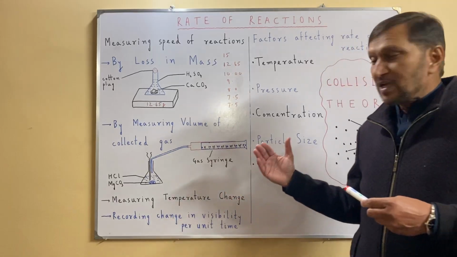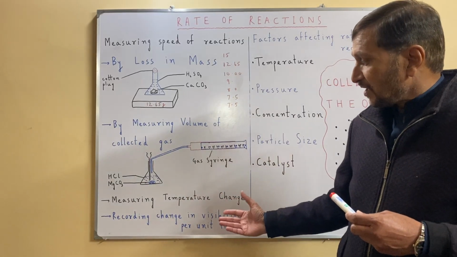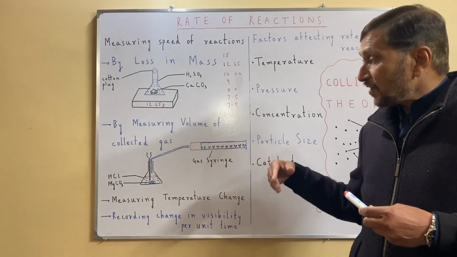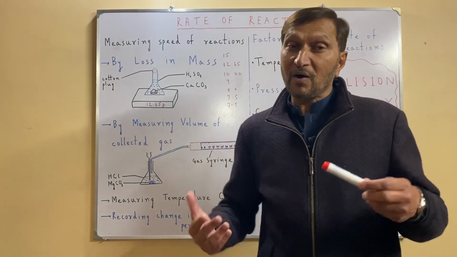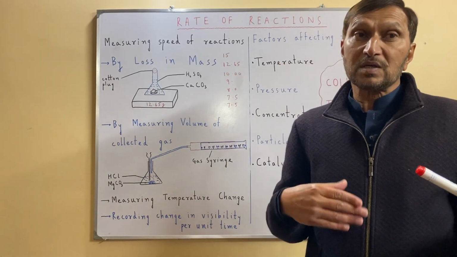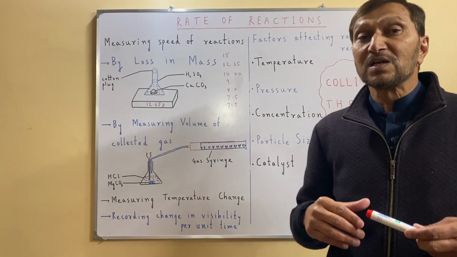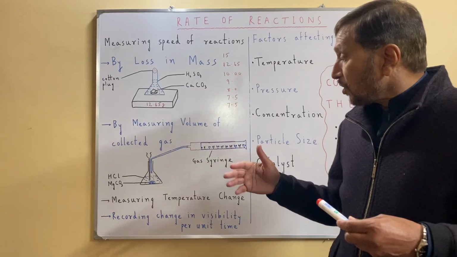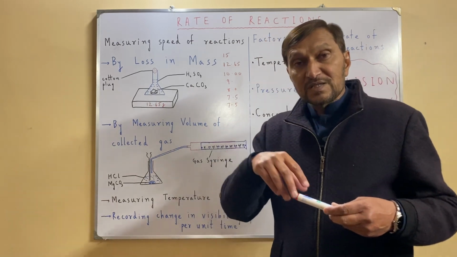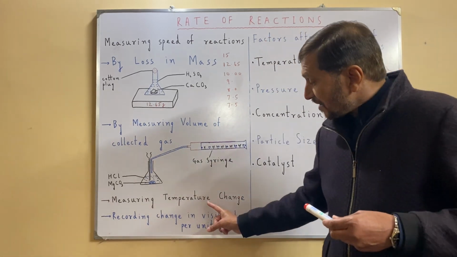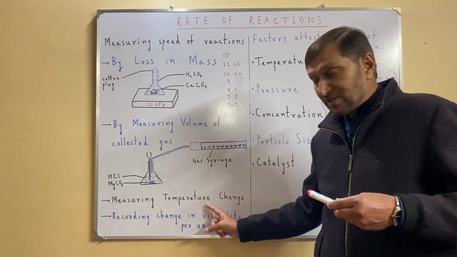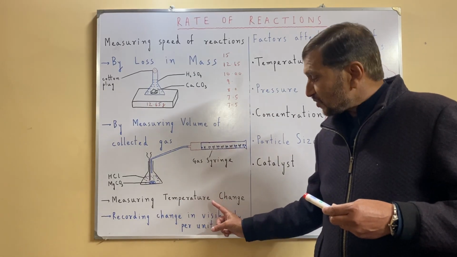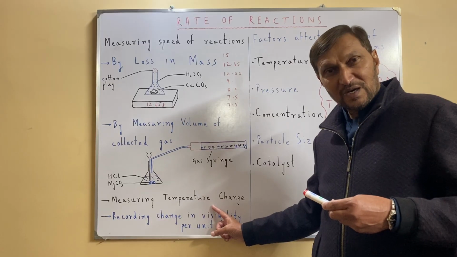Other methods of measuring the speed of reactions can be by measuring the temperature change, because the reaction is either exothermic or endothermic. In most reactions heat is released, and in some reactions heat is absorbed. So by measuring the temperature change with the help of a thermometer, we can also estimate the speed of reaction.